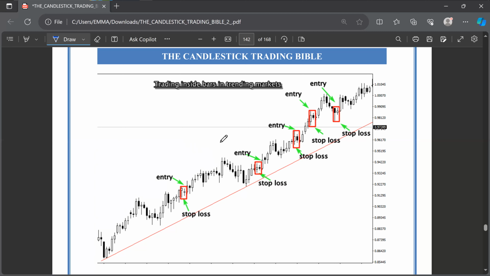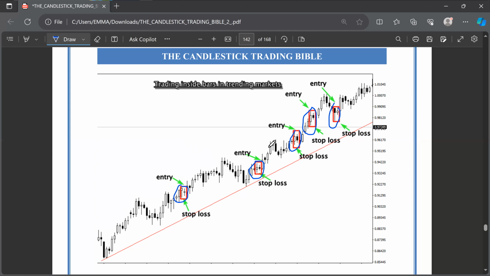But when it happens at the end of an uptrend or a downtrend, then the reversal of the movement will happen. That's what I want to draw your attention to. You have to be very keen on this. This is very important. Now, this is an uptrend, right? And this formed during an uptrend. This also formed during an uptrend. This formed during an uptrend, and then during an uptrend.